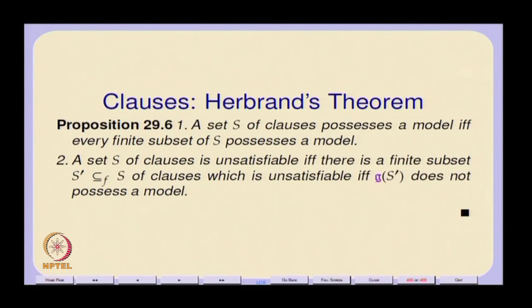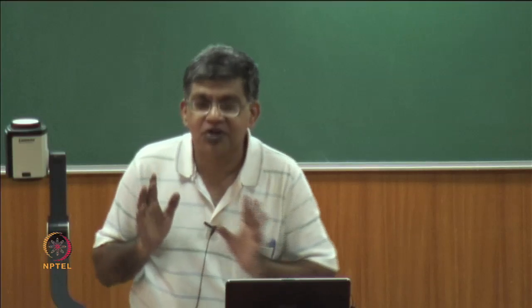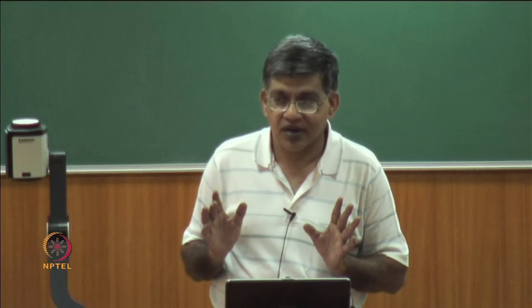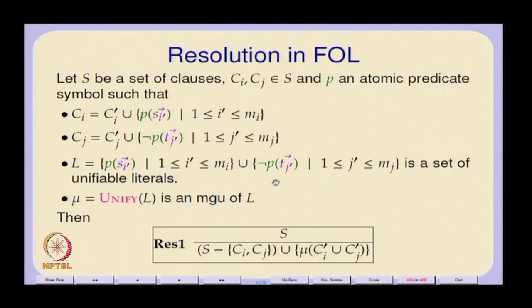There is a finite subset of ground instances which do not possess a model, right. That is what Herbrand's theorem gives you. But otherwise, okay. So now which actually brings us to the resolution method.